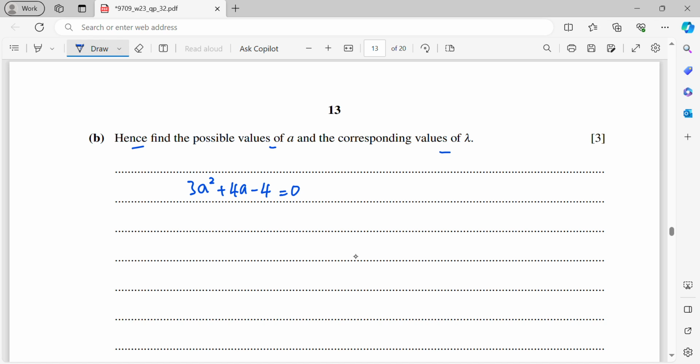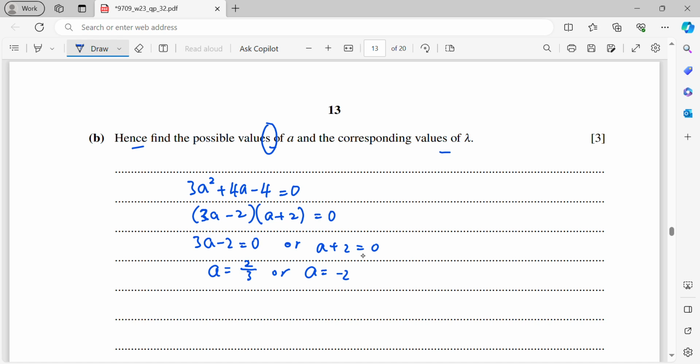Then this quadratic equation can be factorized into 3a minus 2 times a plus 2 equals to 0. Then from here, 3a minus 2 equals to 0 or a plus 2 equals to 0, which means either my a equals to 2 over 3 or my a equals to negative 2. That's why it's mentioned possible values of a.